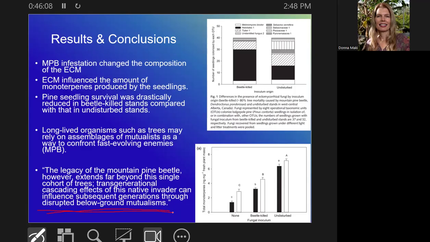They've often had issues where they go into these fields that were decimated by something, a beetle in this case, and when they try to replant, it doesn't work so well. And no one until fairly recently thought to ask, maybe it's because something's changed underground. And now the trees that were there, you don't have the mycorrhizal fungi there either.